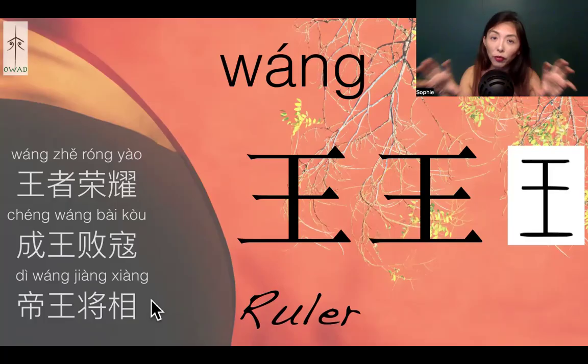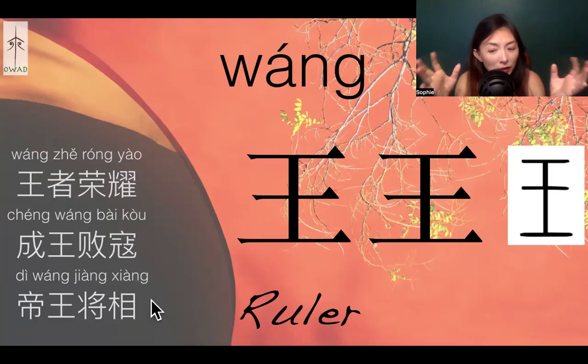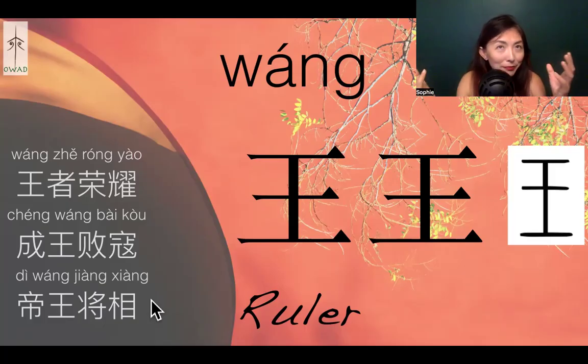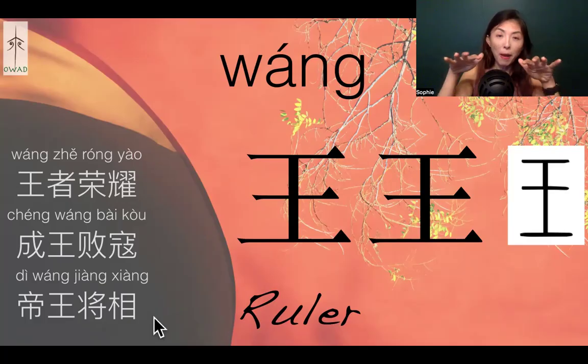So 将 and 相 are two functions. In Chinese history, through years of dynasties turning over, 将 and 相 ended up as the two major branches of how the ruler is going to rule.